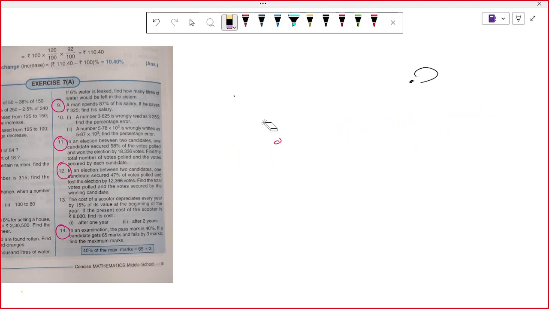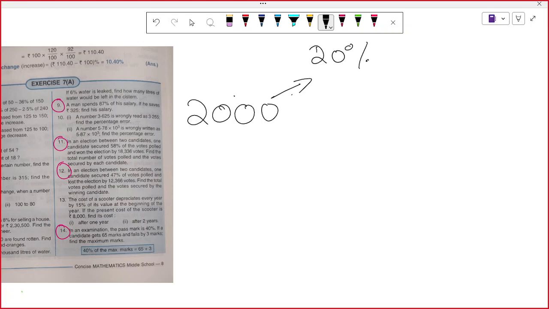Now calculate. You go to buy some item or product that costs around 2000. There are two shops.